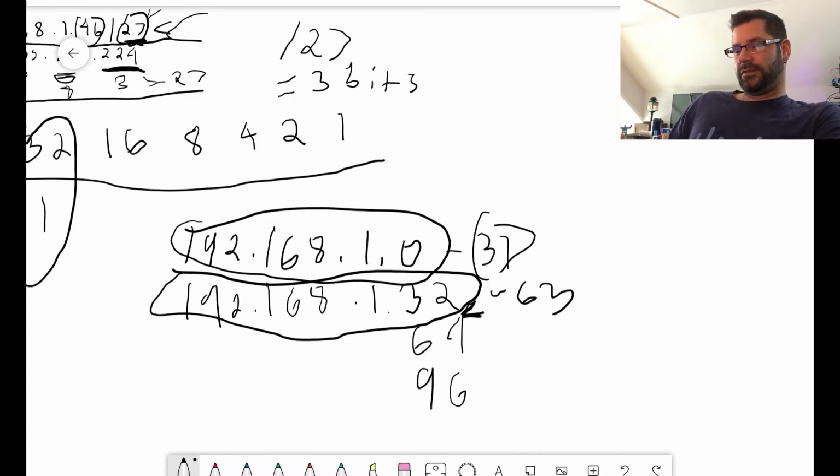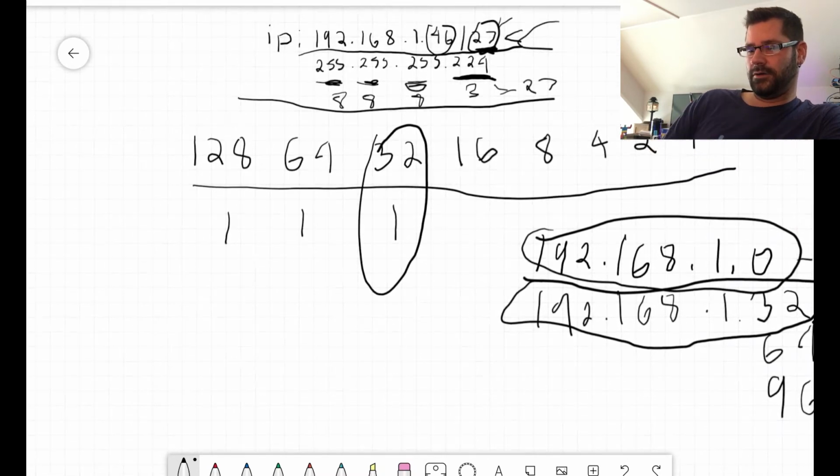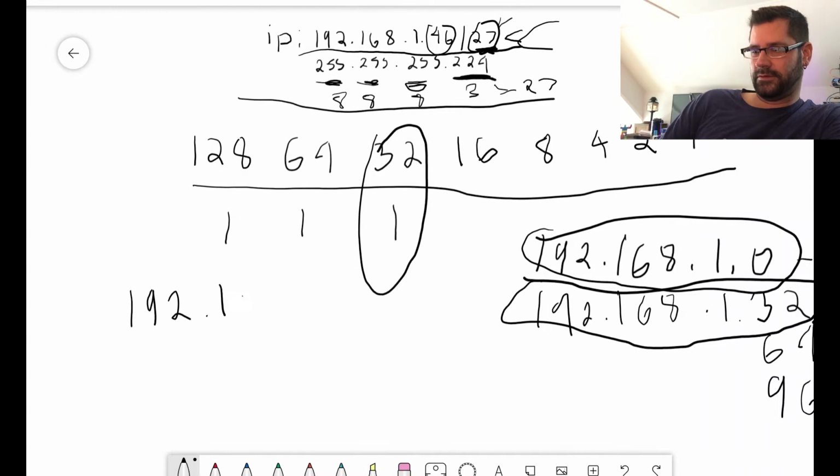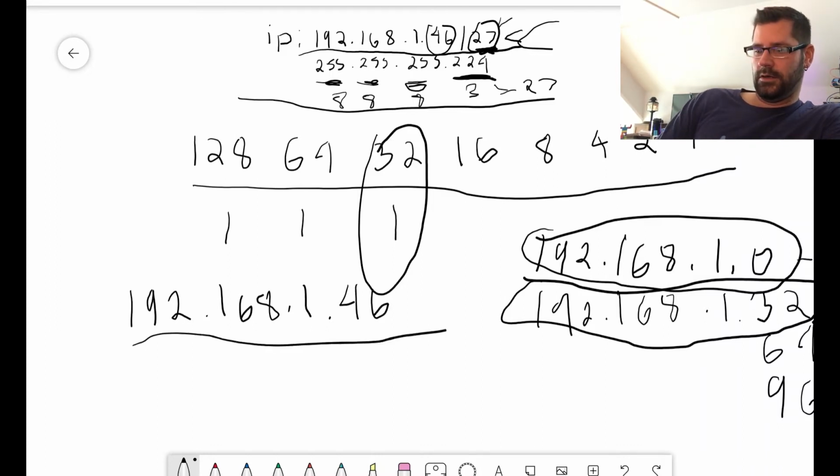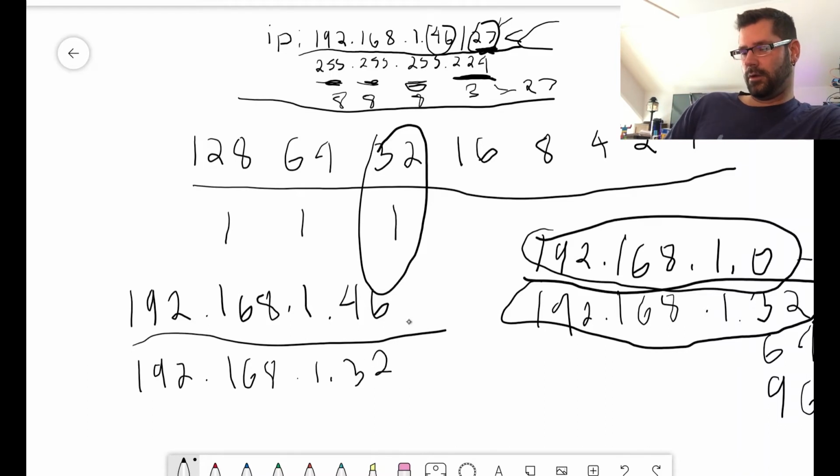Okay, so 192.168.1.32 through 63. Let me rewrite this out. Our address 192.168.1.46 is on the 192.168.1.32 network.